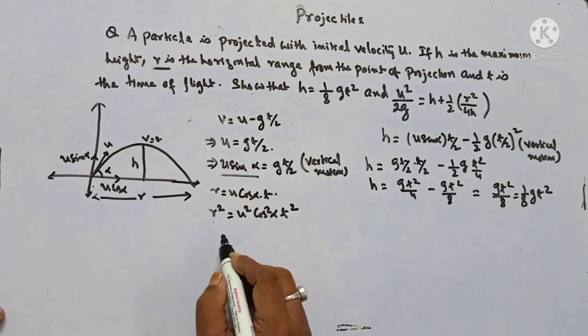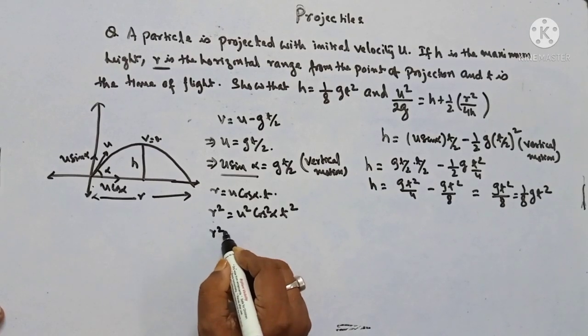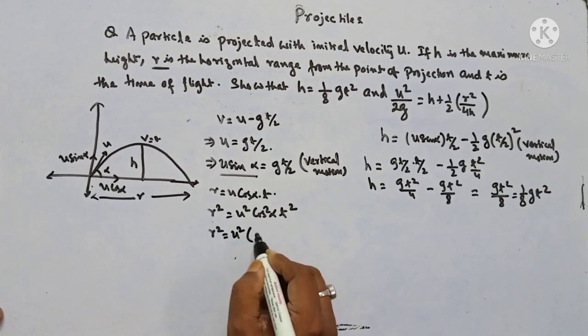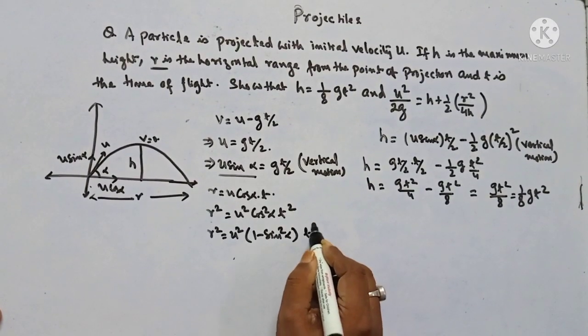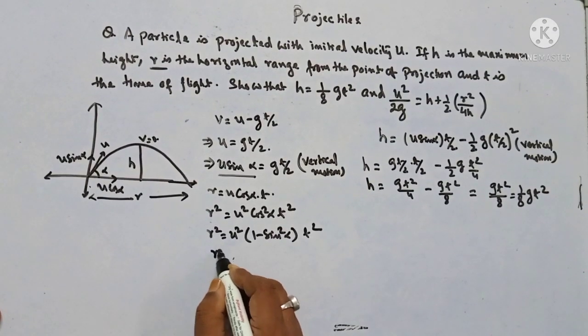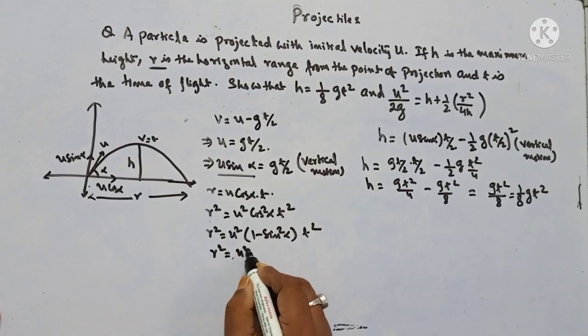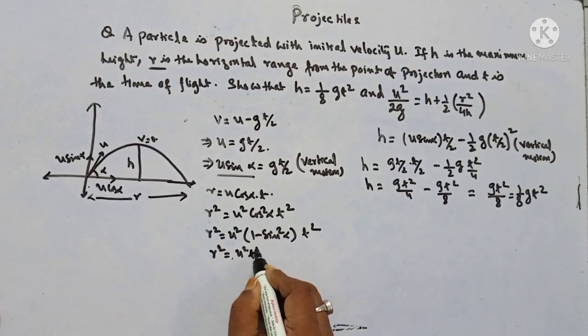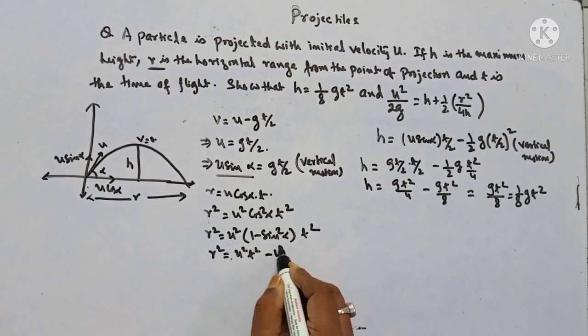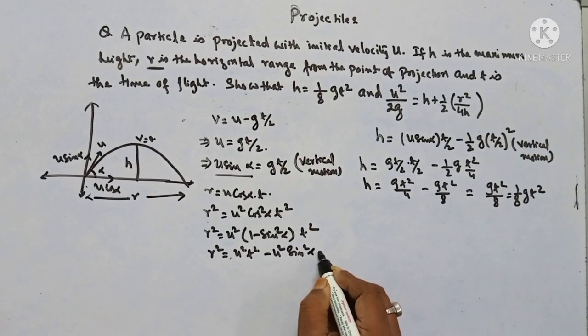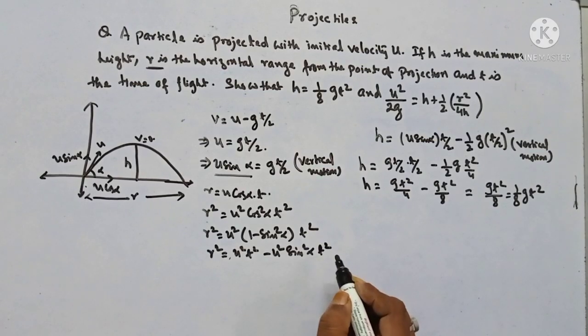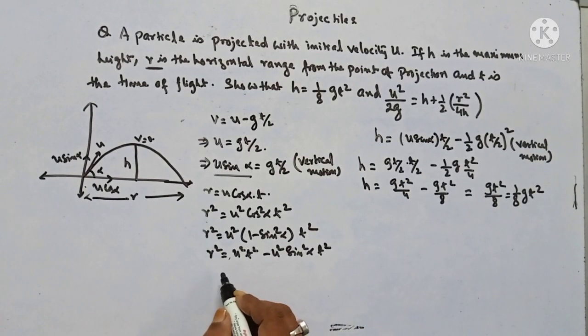Now here again R square will be u square, 1 minus sine square alpha, into T square. So R square is equal to u square T square minus u square sine square alpha T square.